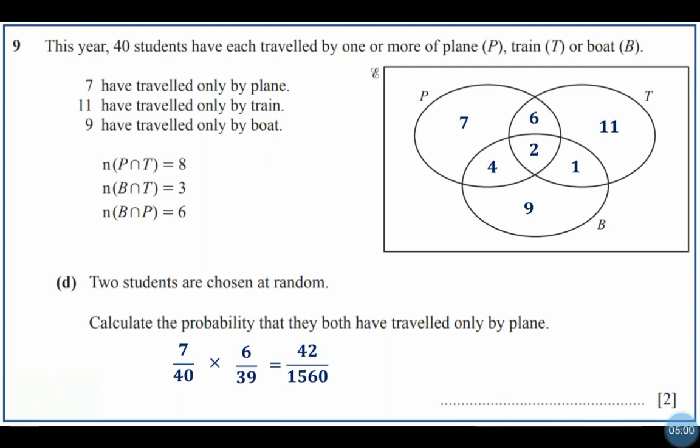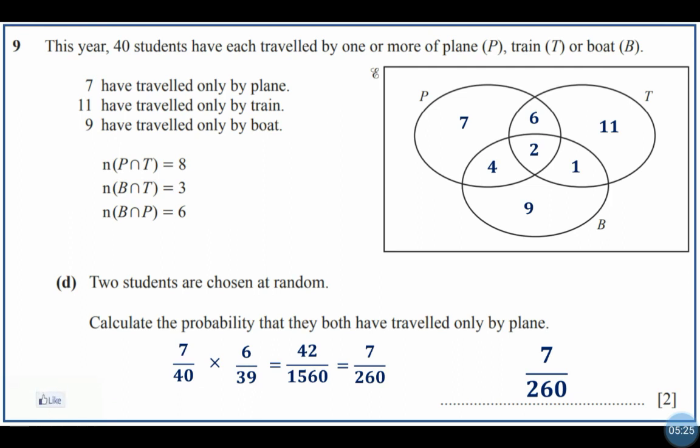If you want your answer to be 42 over 1560, that can be okay. Or you can simplify it to become 7 over 260. But Mr. Mars, will I get the mark if I just write 42 over 1560? Yes, you will get 2 marks for that.